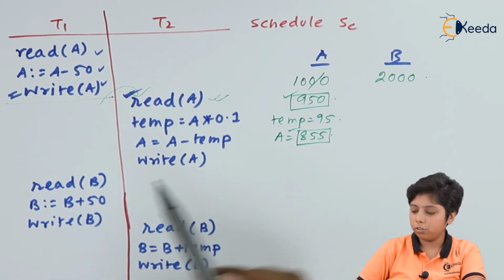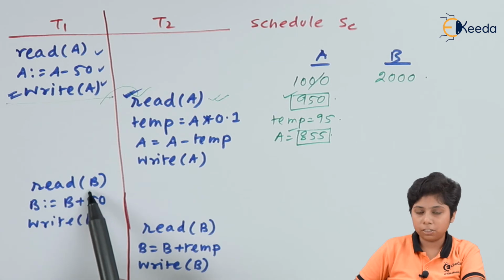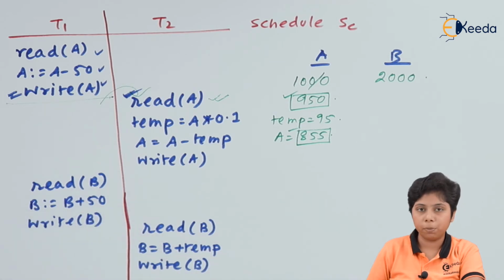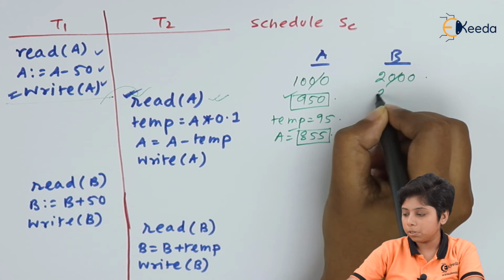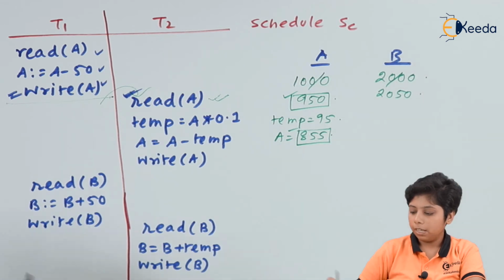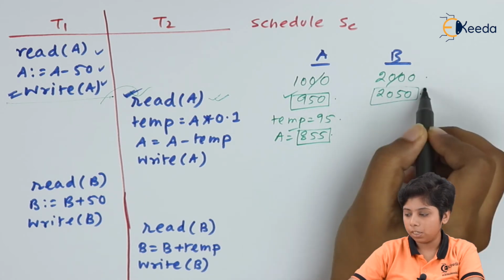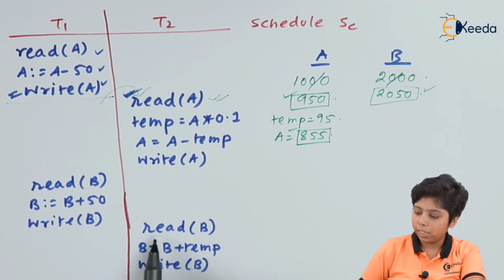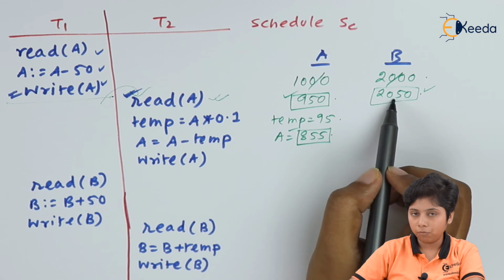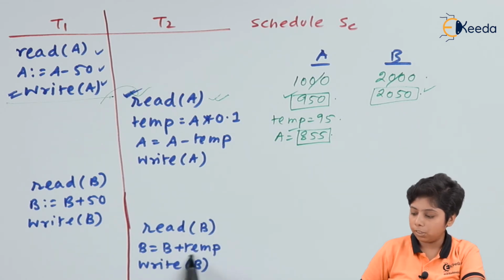Now it is reading B, which is 2000. It performs B equals B plus 50, so now it becomes 2050. Now it writes the value of B, that is my B becomes 2050. Again it reads the value of B, that is 2050, and adds the value of temp to it.